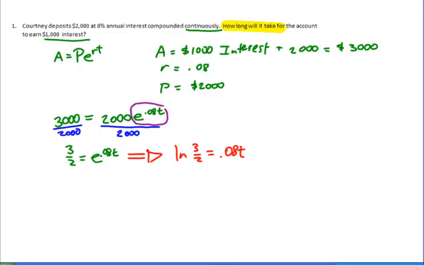And then the last little step, it's a real easy one. How do you get that t all by itself? Divide by 0.08. So punch that into your calculator. And since we're dealing with logarithms, we usually want to carry through at least 3 decimal places, and sometimes 4, depending on how much work we've had to do. But for sure, we want to list 3 decimal places. So punch that in.